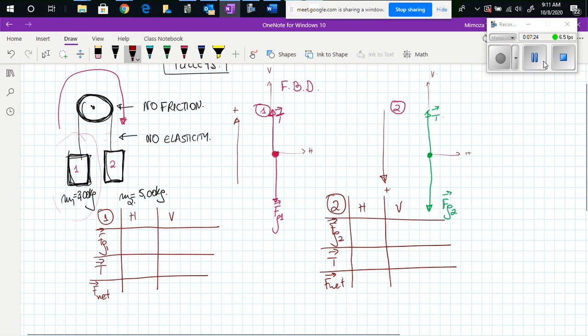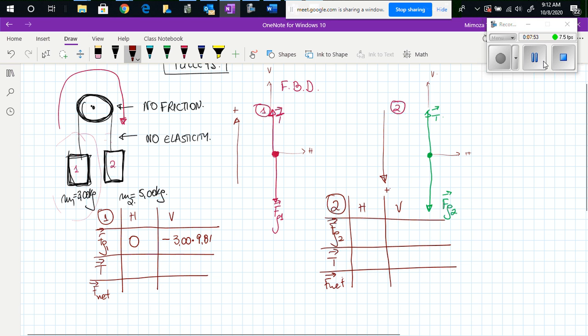Okay, in the horizontal, the magnitude of the horizontal component of the force of gravity is equal to 0, since we have a force that is perpendicular to the axis. The vertical component is negative because it is opposite to the positive vertical axis: negative 3.0 times 9.81.